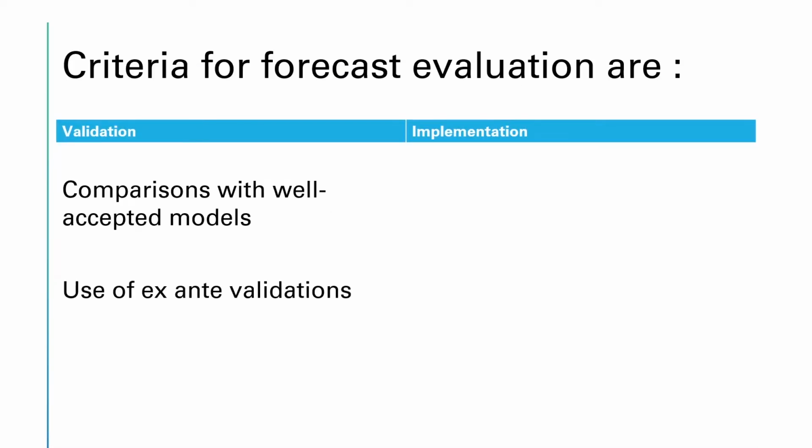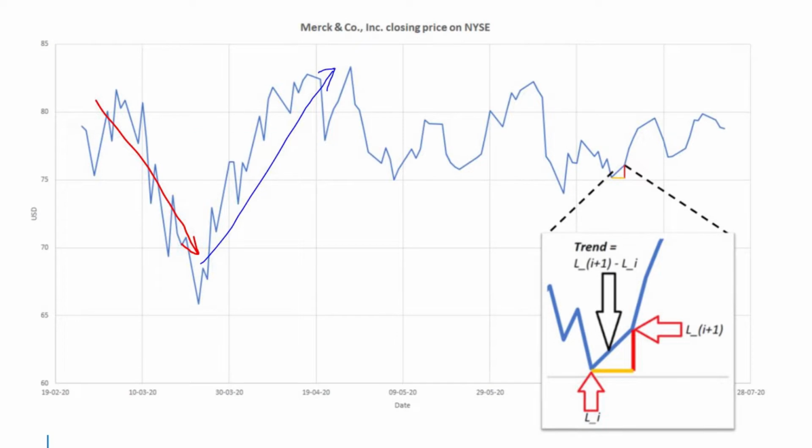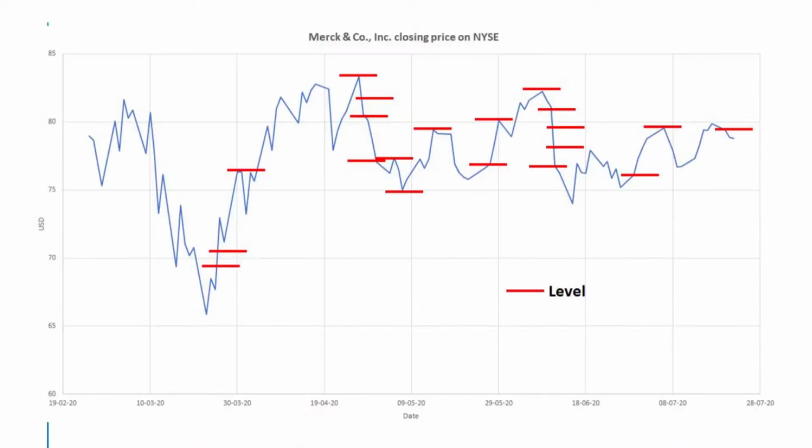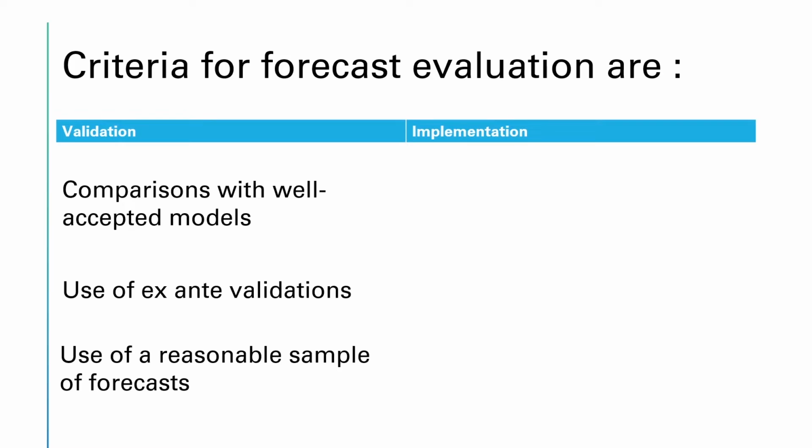Another is the use of ex-ante validation. By ex-ante we mean there are many theories. If you provide data, you know which particular model is likely to work better. When the future is out-of-sample, what can we do? Use a training section and estimate its errors in the trend, seasonality or level parameters, with a reasonable sample of forecasts.